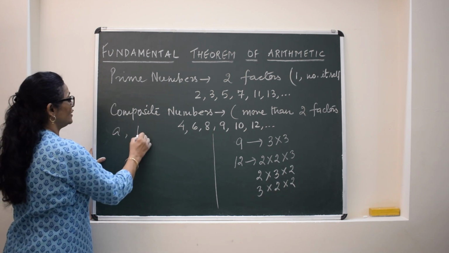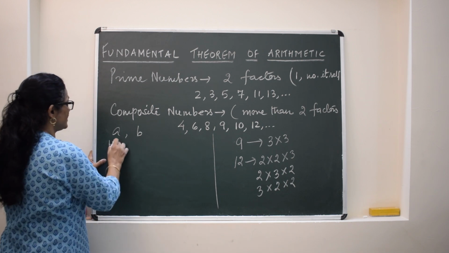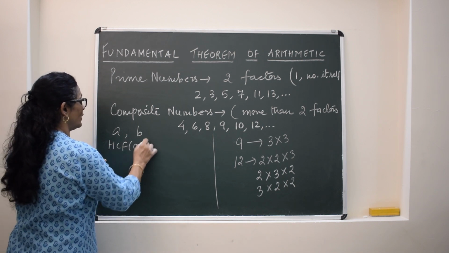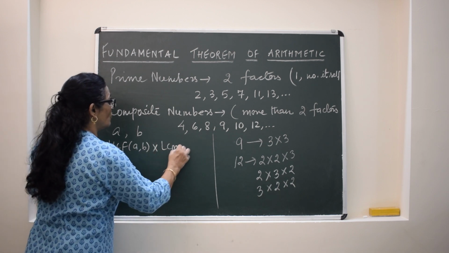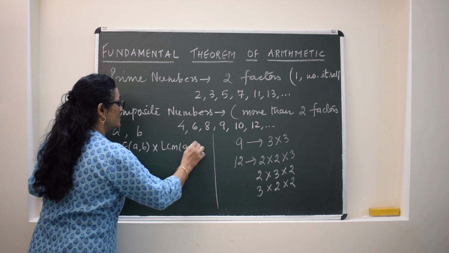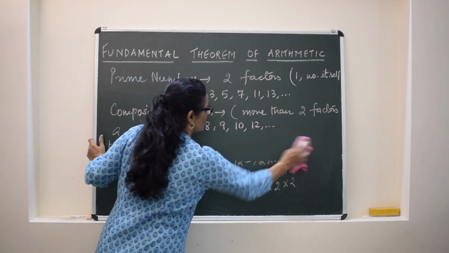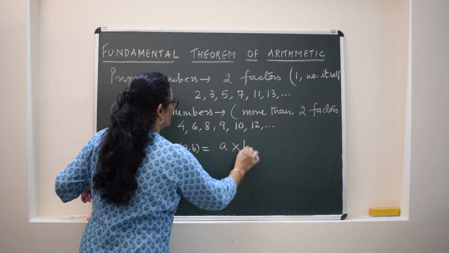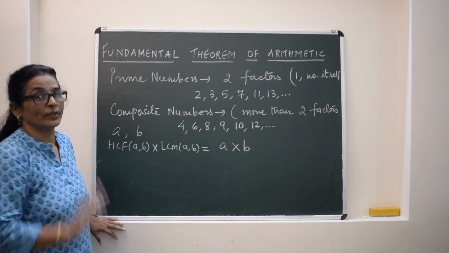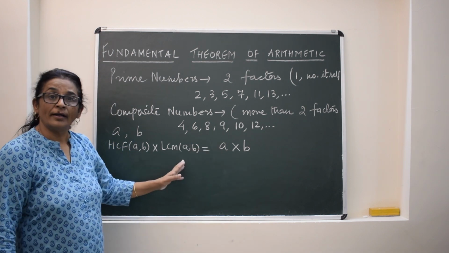The rule says the HCF of two numbers multiplied by the LCM of those two numbers is equal to the product of the numbers, that is a into b. So there are four quantities: two numbers, HCF and LCM.